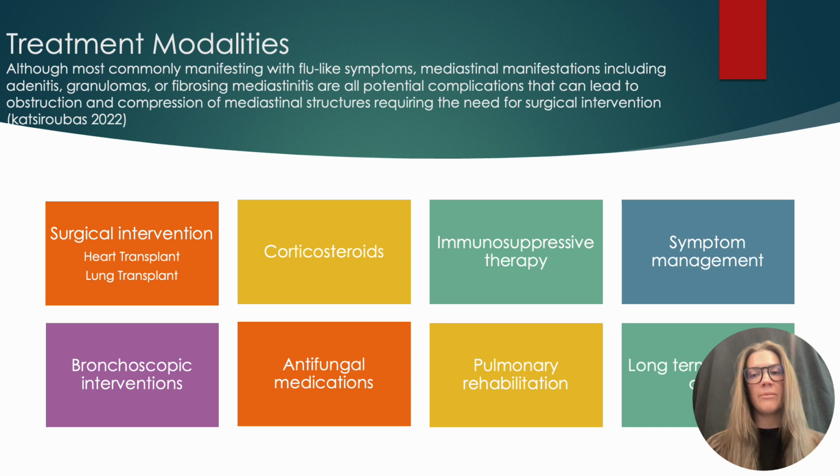So the treatment of fibrosing mediastinitis secondary to histoplasmosis involves a combination of all of this medical management and surgical interventions. The goal is to alleviate symptoms, manage the complications that I talked about on the previous slide, and then hopefully improve the patient's quality of life.